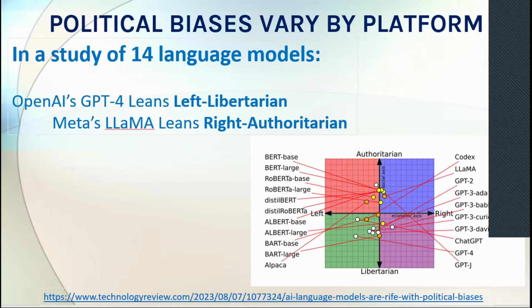OpenAI is left libertarian leaning, and Meta's Llama is right leaning and authoritarian. There's actually a paper out there. If you want to dig deeper into this, you can read all about it. But that chart I thought was pretty revealing of the biases that are associated on the 4-quadrant models.